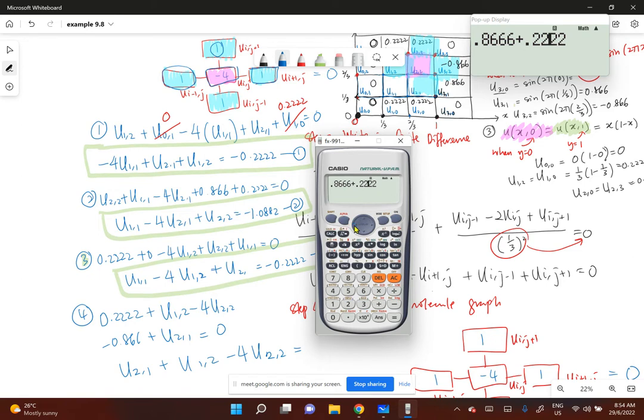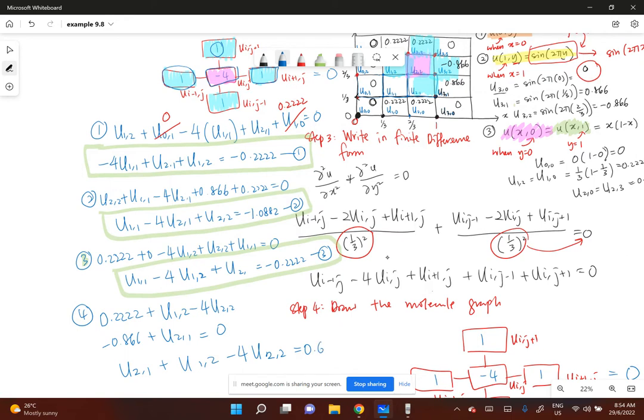Sorry, it's minus. So we get 0.6438. So this is the fourth equation that we get.